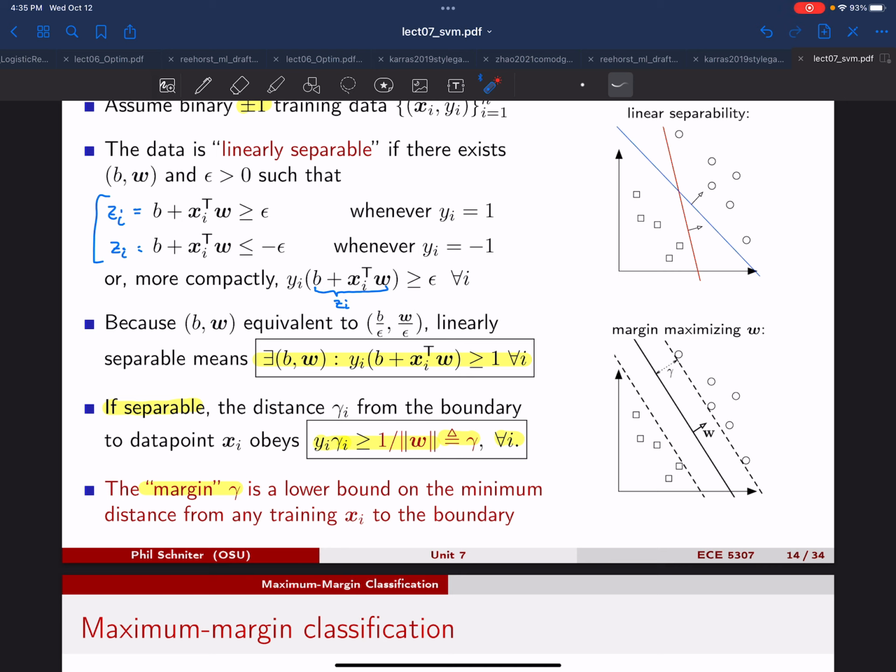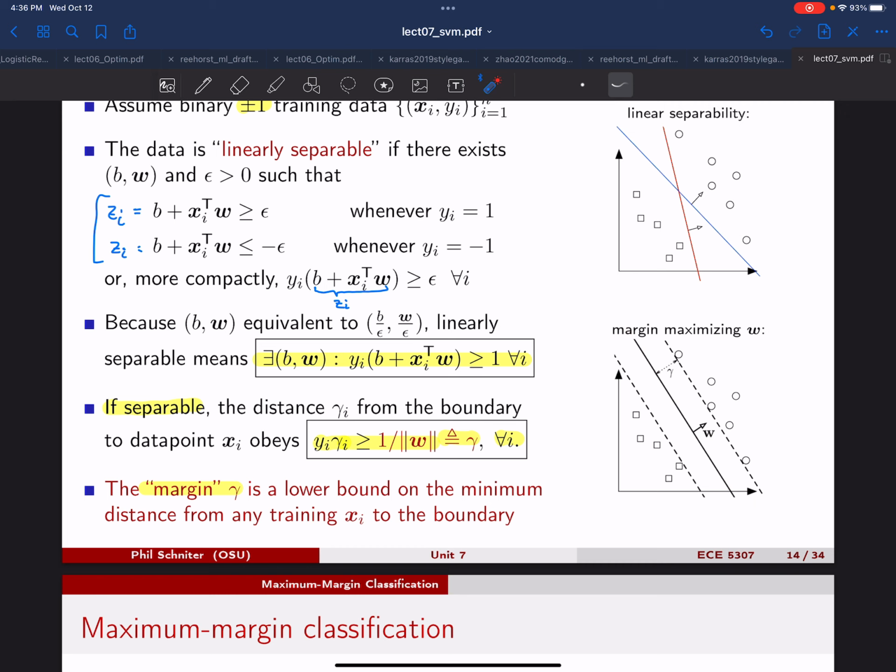Another way to think about this is that the training samples that are most difficult to classify are the ones closest to this boundary. Those are the hard ones to classify. The easy ones to classify are the ones far from the boundary. So we should not get distracted by coming up with a boundary that is using the easy samples.